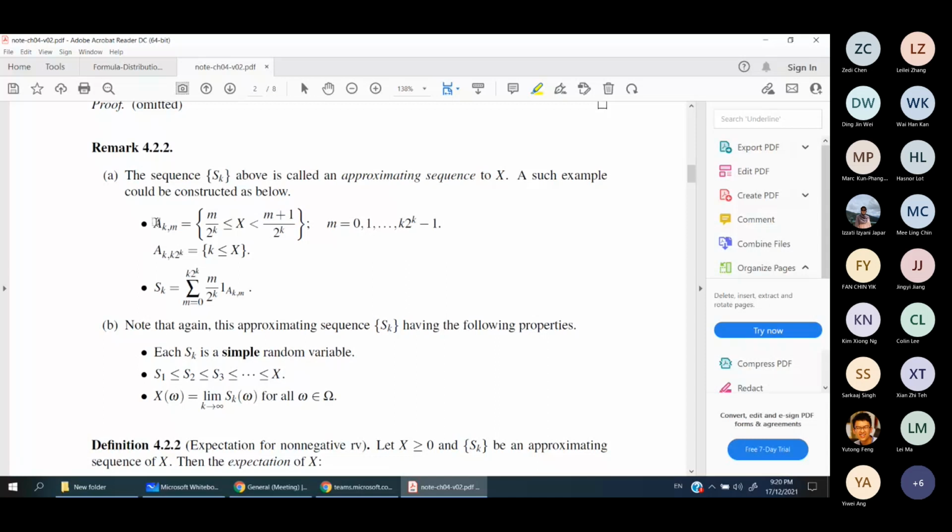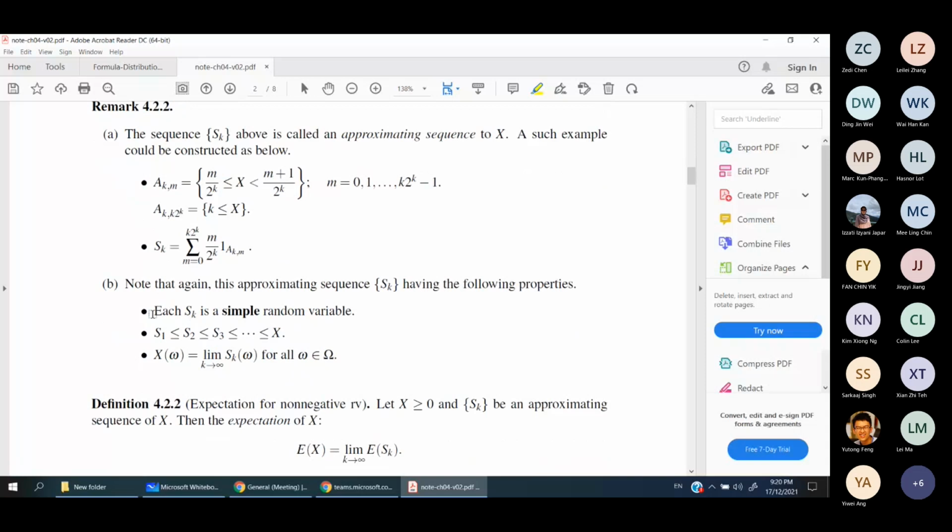You can take two running indices. First of all, k is a number beginning from 1 up to infinity, and m is a running number from 0 up to 2^k minus 1. We first construct this event Akm like this, and we construct Sk to be this.